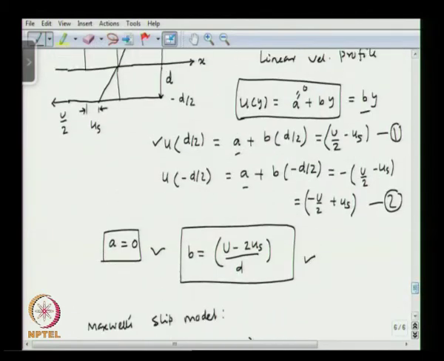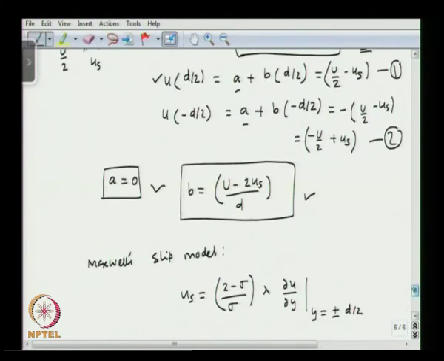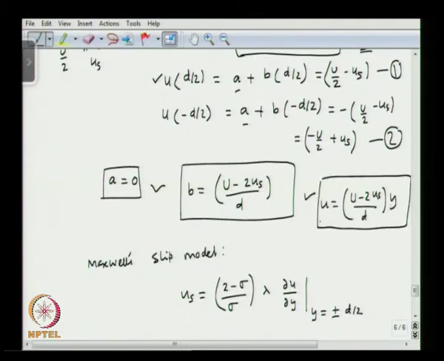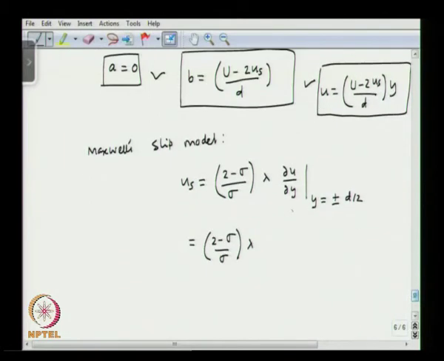So, the velocity is B y. So, u is going to be (u minus 2 u_s) divided by d into y. So, we can obtain the velocity gradient, which is going to be (u minus 2 u_s) divided by d.